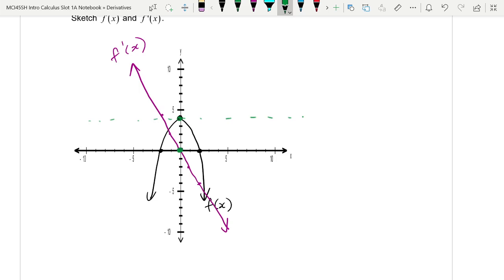Everything to the left of that 0 is a positive slope, right? All the slopes going up this way are all positive, which is why this purple line is above the x-axis. And then as I go this way, all of the slopes are negative. The further you go along, the steeper the slope is, which is why this is going up and down.